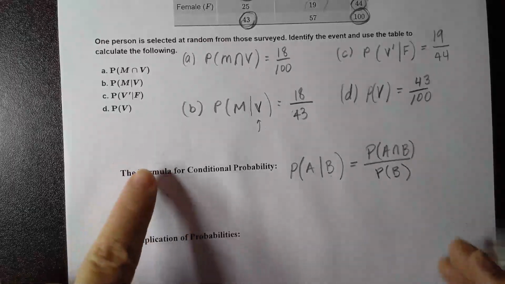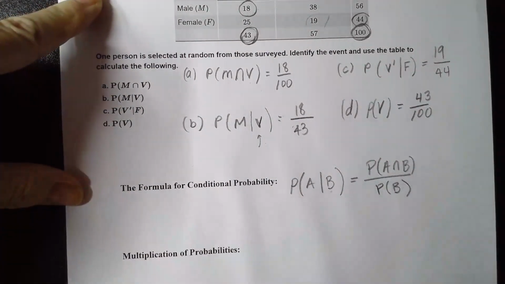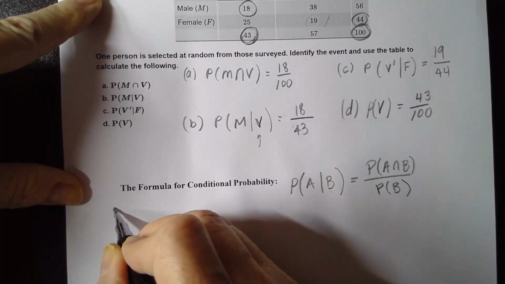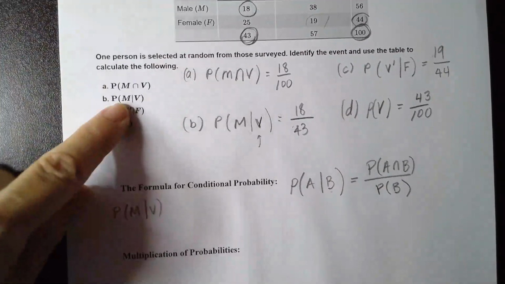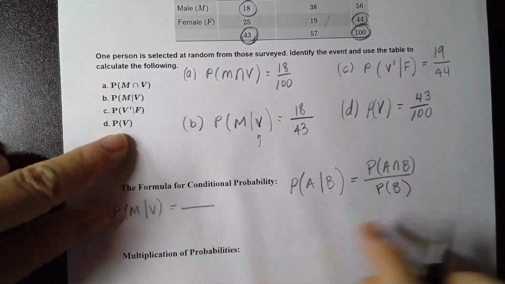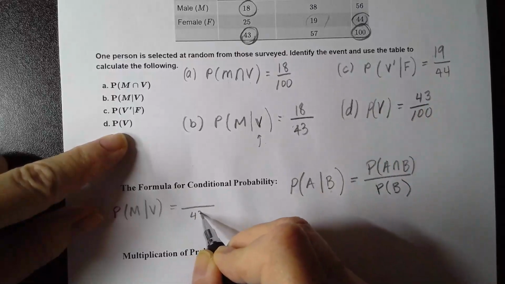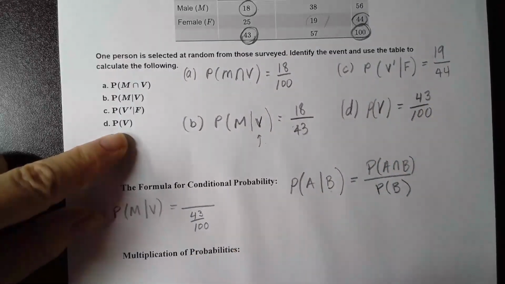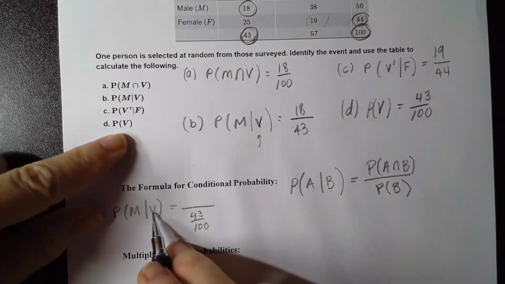So let's just check and see what we did above. Okay, so I want the probability of M given V. I did that right here. So let's see, that's the probability of V on the bottom. Well, the probability of V was 43 over 100, and on top, I need male vegetarians.